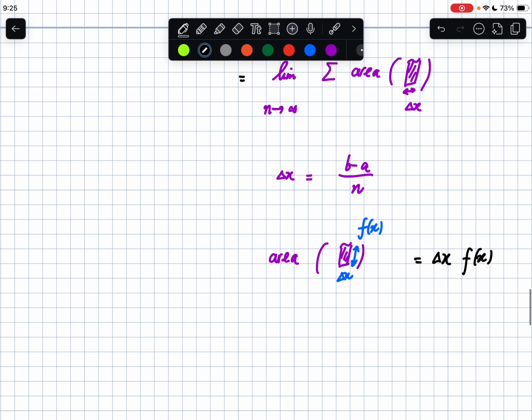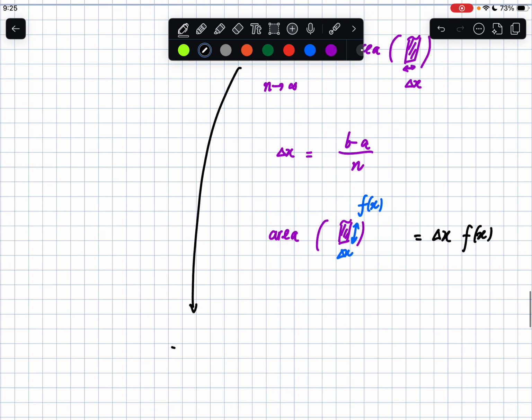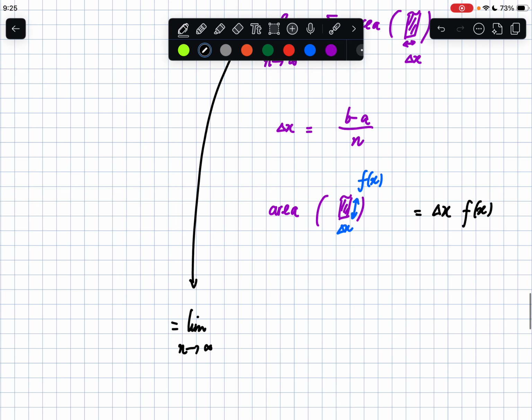And with that, this is the limit as n tends to infinity of the summation of f of x delta x, where delta x tends to 0.